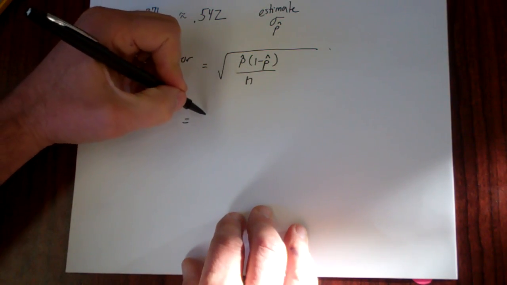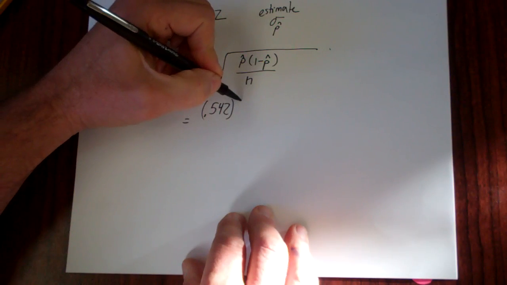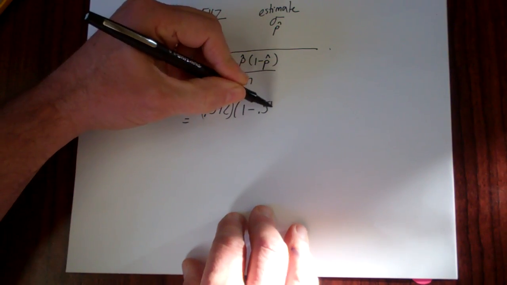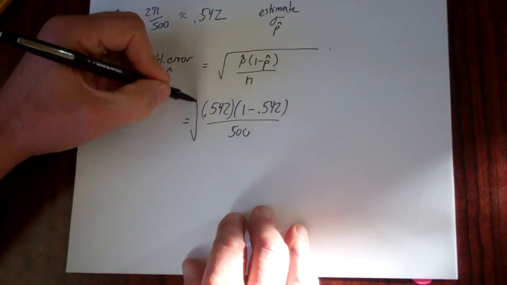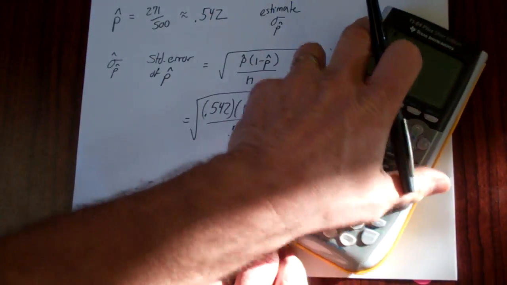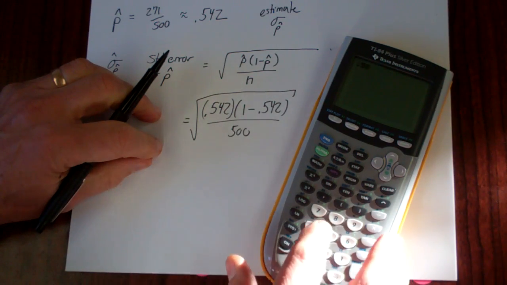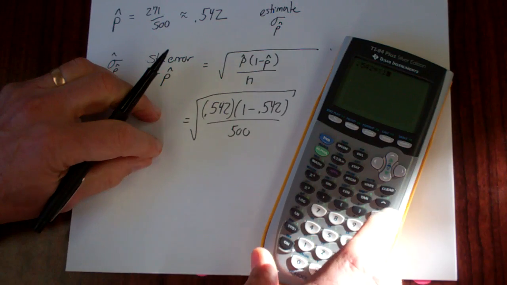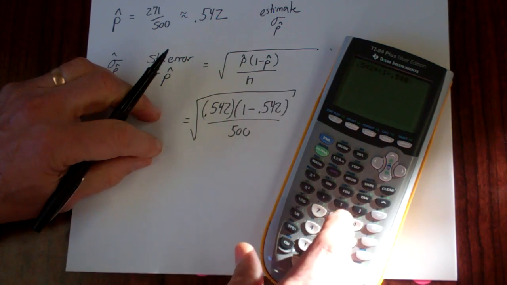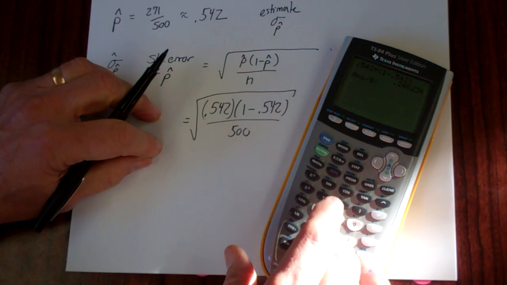So in this case, it's going to be 0.542 times 1 minus 0.542 over 500, and you're going to take the square root of that. Let's just do that on our calculator real quick. That's 0.542 times 1 minus 0.542, divided by the sample size.